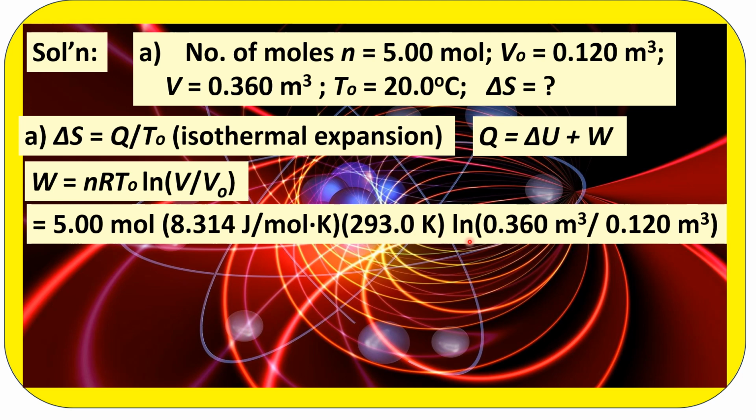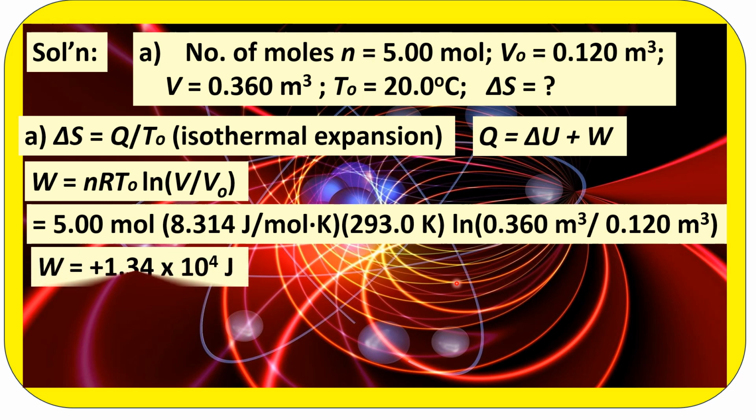And then the natural log of the ratio 0.360 meter cube divided by 0.120 meter cube. So doing our math, we will get the value of the work done, capital W, equal to positive 1.34 times 10 to the fourth power joules.